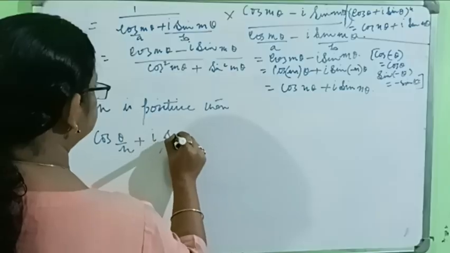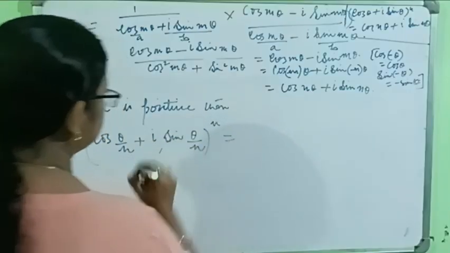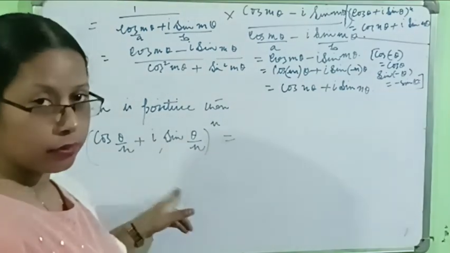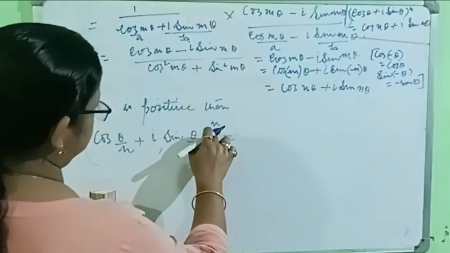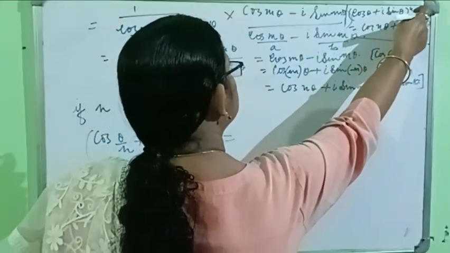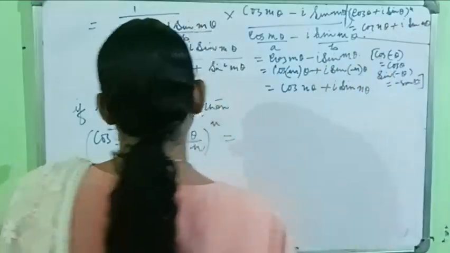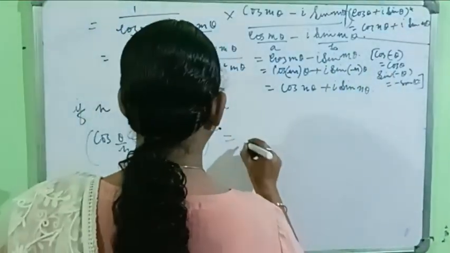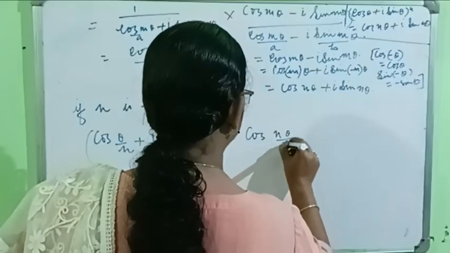Using the first case, since n is positive, I can write (cos theta + i sin theta)^n is equal to cos n theta + i sin n theta.